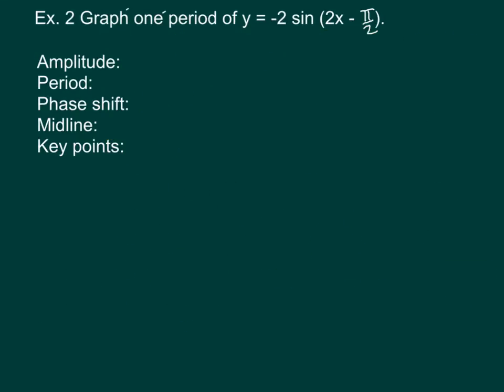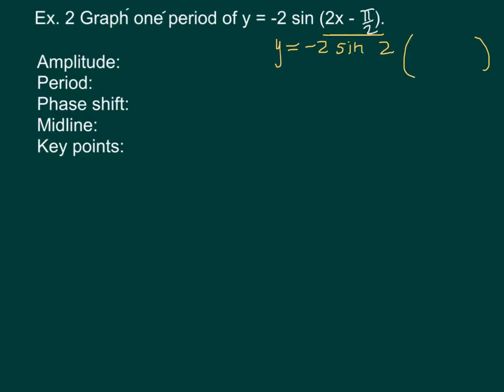In example 2, let's look at what happens when you have a -a. So I check my equation, and I'm going to write it in the correct form again, because you want x by itself. So I'm going to factor out a 2.